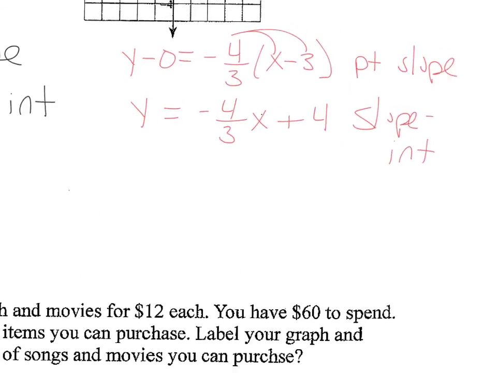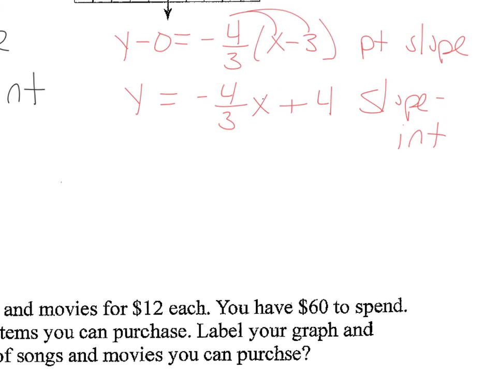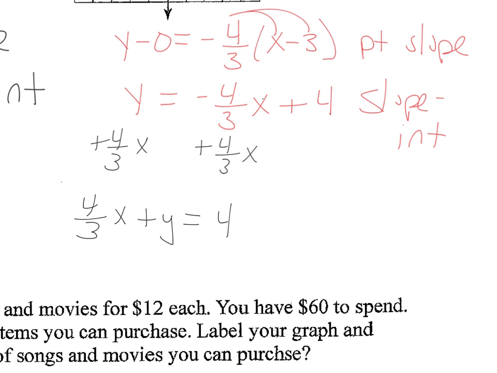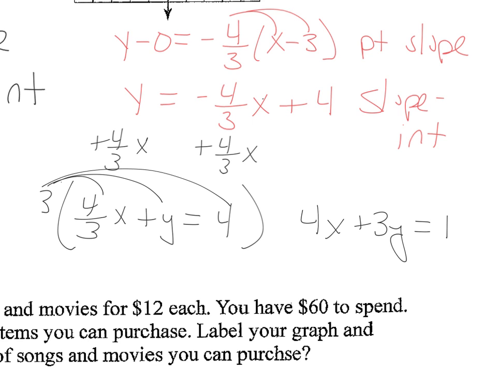All right, and then my last step, take it to standard. So I'm going to add the 4/3 x over to the other side. So I have 4/3 x plus y equals 4. Again, no fractions are allowed, so we're going to multiply everything by 3 to clear the fractions. Remember, the 3's here will cancel, so I'm going to get 4x plus 3y equals 12. And there's my standard form.